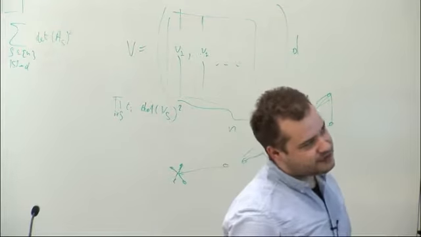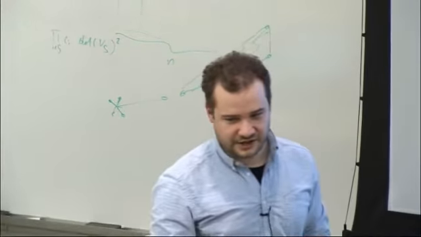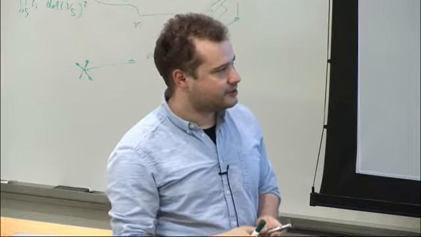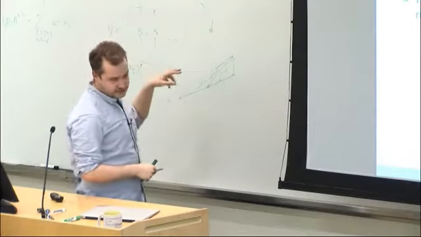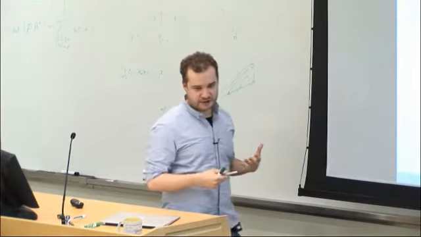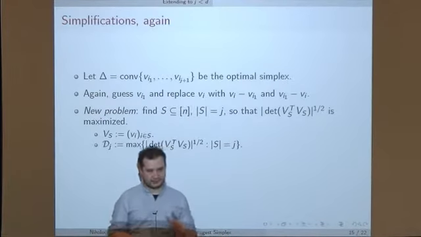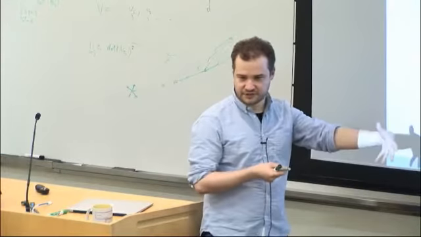D is always the ambient dimension. But what is the determinant of a D by J submatrix? The right thing for the problem is to look at the submatrix transpose times itself, which is a square matrix, look at the determinant of that and take the square root. Up to a normalizing constant, this is the same as the volume of the j-dimensional simplex.